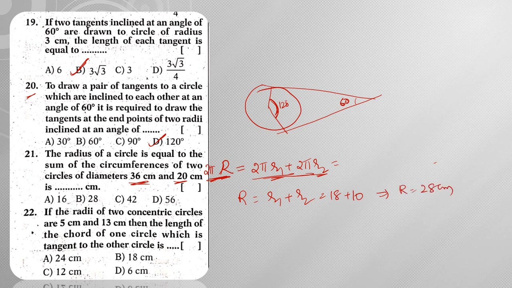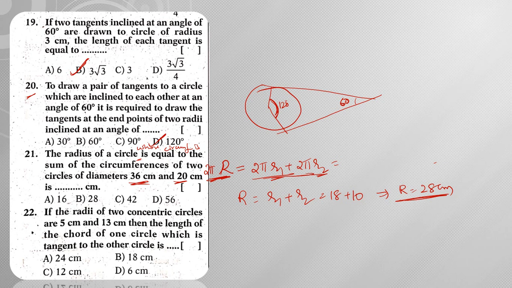Here the question should say: the radius of the circle whose circumference is equal to the sum of the circumferences of two circles of given diameters. Then its radius will be equal to 28 centimeters. So a small correction in the question.